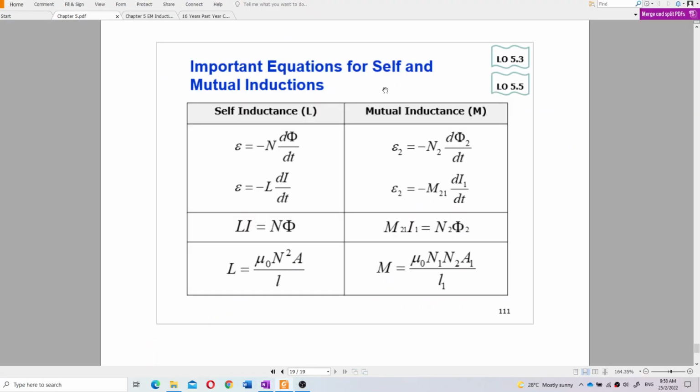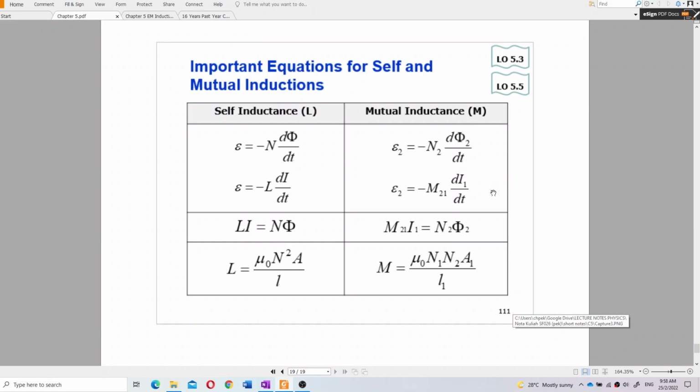So still remember we have this formula. You should take down this formula in your notes, because these are important formulas for self-induction and also mutual inductance. They have almost similar formulas, as you can see. L becomes M, and N squared becomes N1 N2.